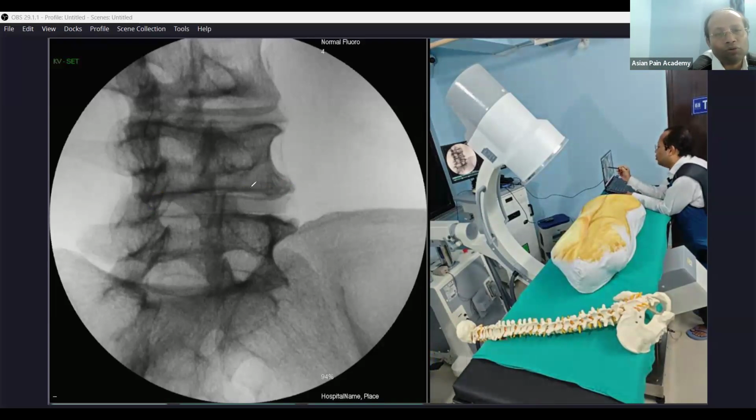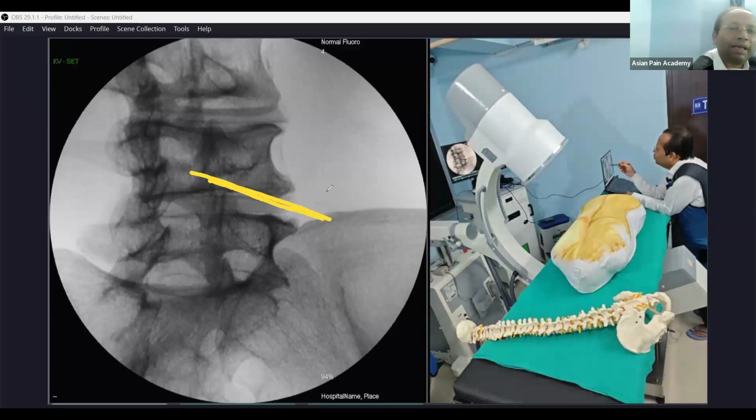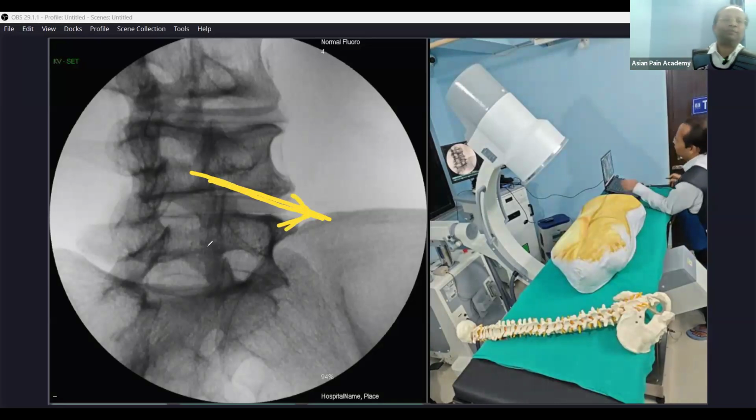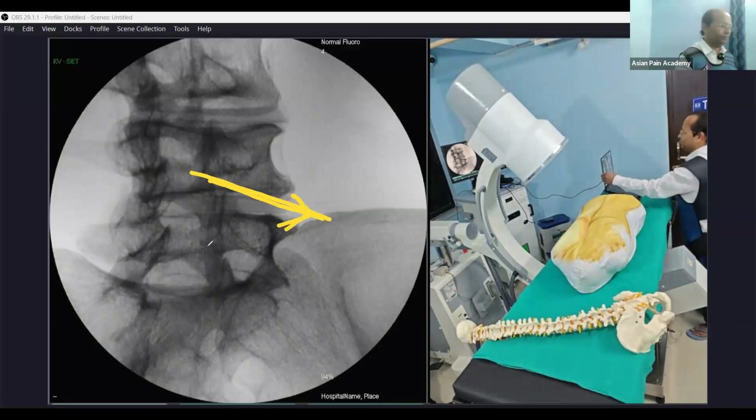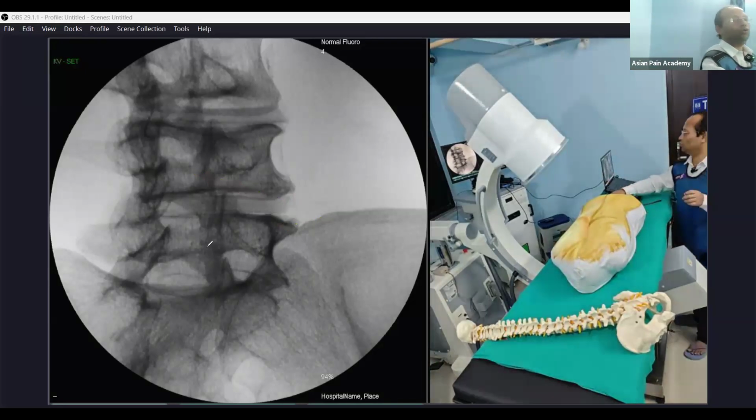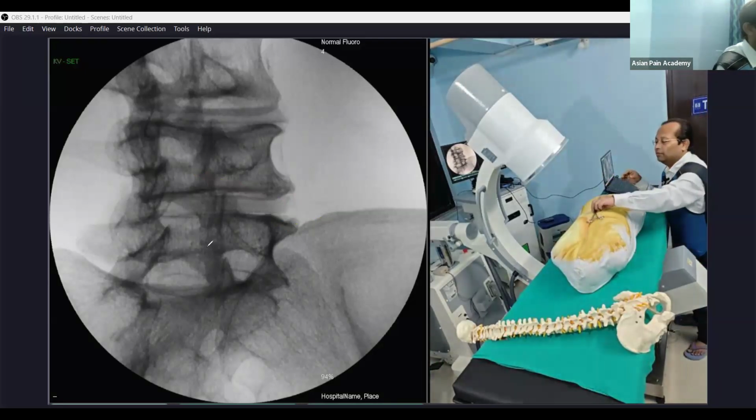Though we are seeing only the bones, in our mind we should imagine how the nerves are going through this foramen. Here one nerve is going like this. It is going laterally also. It is going a bit forward, from posterior to anterior direction, and from medial to lateral direction also. This is the way the nerve is going. Let me put a needle to show you the path of the nerve.